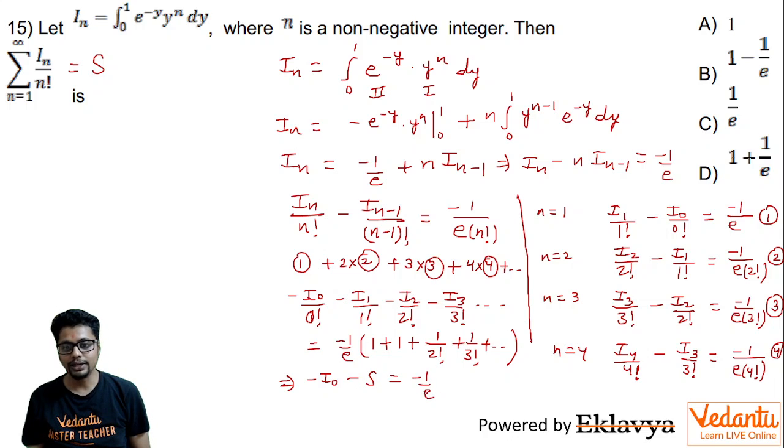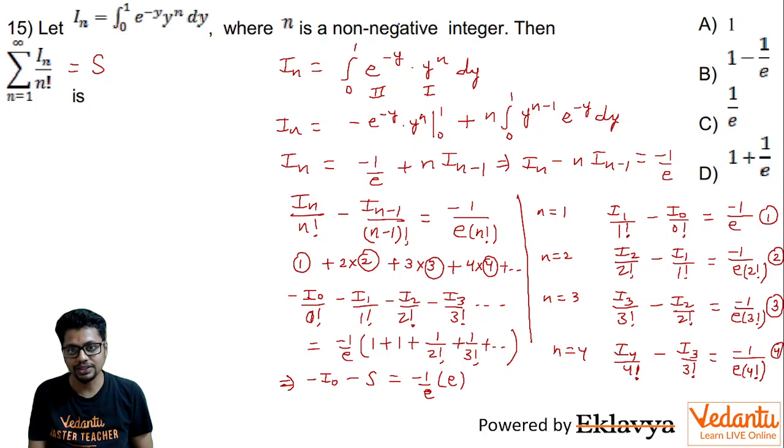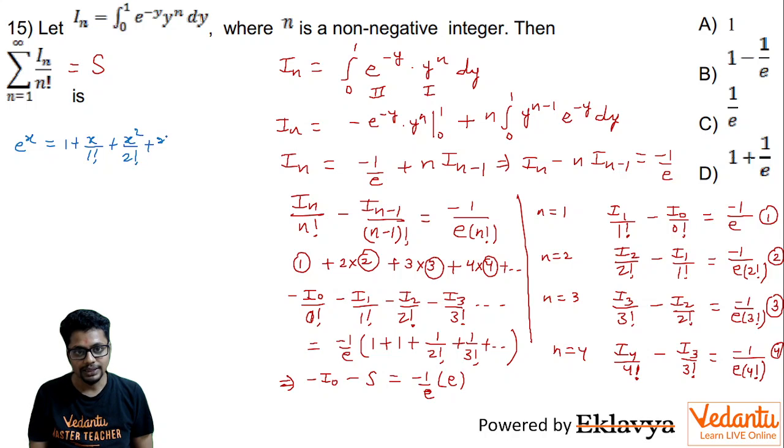If you see carefully, this 1 plus 1 plus 1 by 2 factorial plus 1 by 3 factorial, so on and so forth, is essentially e only. Because what is the expansion of e to the power x? It will be 1 plus x by 1 factorial plus x square by 2 factorial plus x cube by 3 factorial, and so on and so forth.